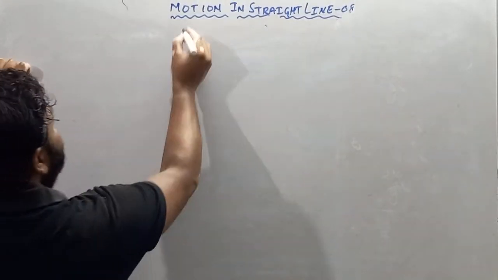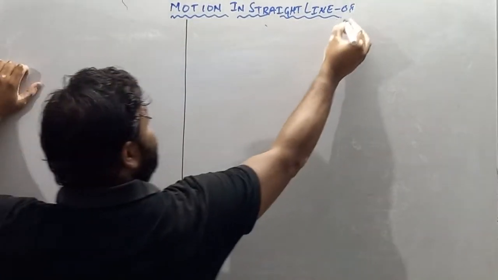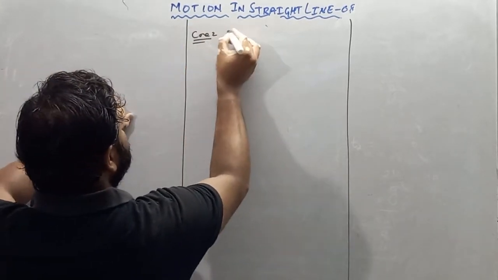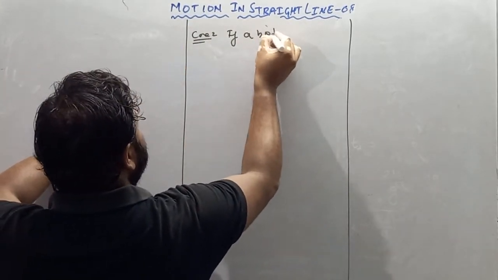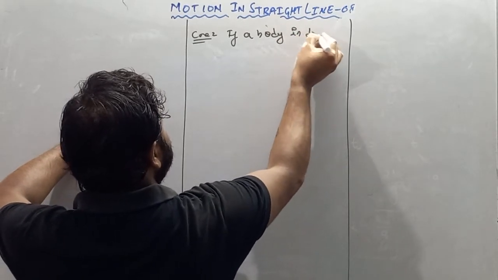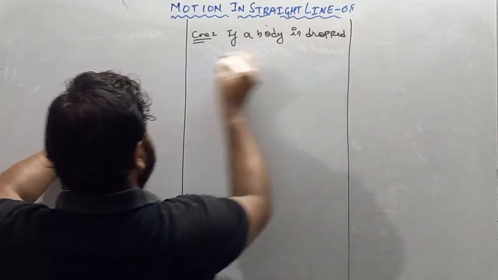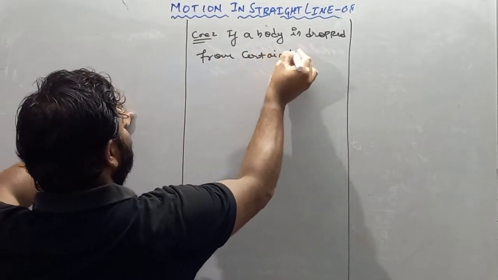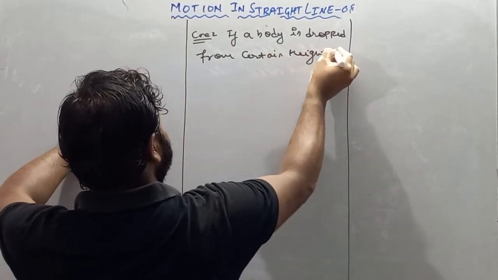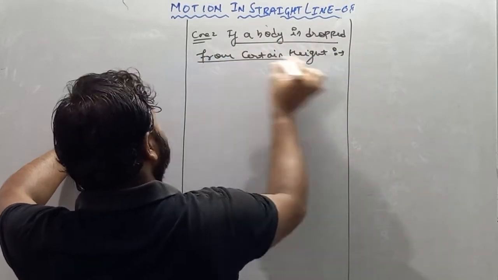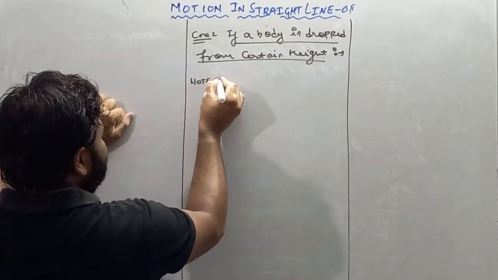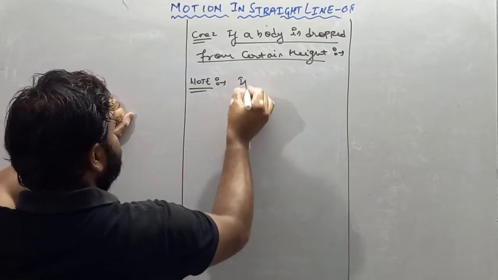So moving forward, we are talking about case 2, and our case 2 is: if a body is dropped from a certain height. Now I'll write it in the form of a note.